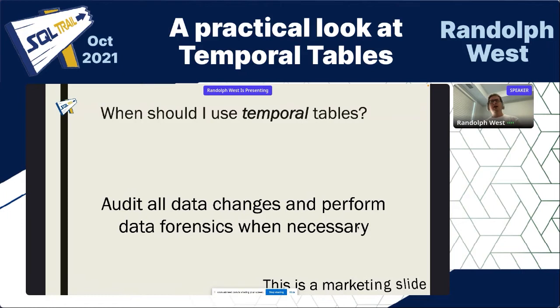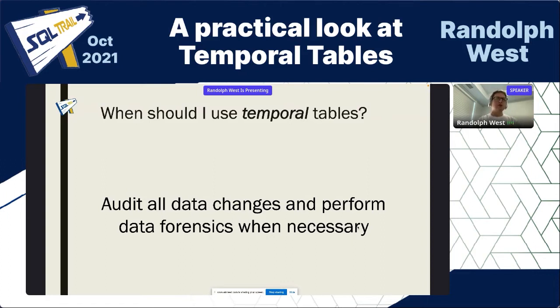Microsoft is saying you can do forensics on your data changes, but it is in fact quite easy with the right permissions to delete a temporal table's history, to modify a temporal table's history, to drop columns, to alter data types. If you have the correct permissions, and there are sneaky ways and legitimate ways to get those permissions, then you can change the past.